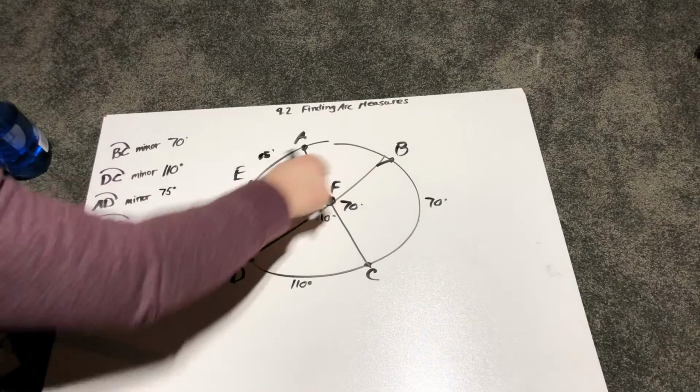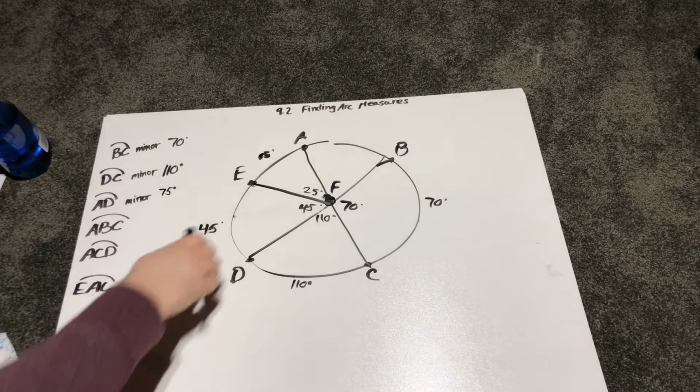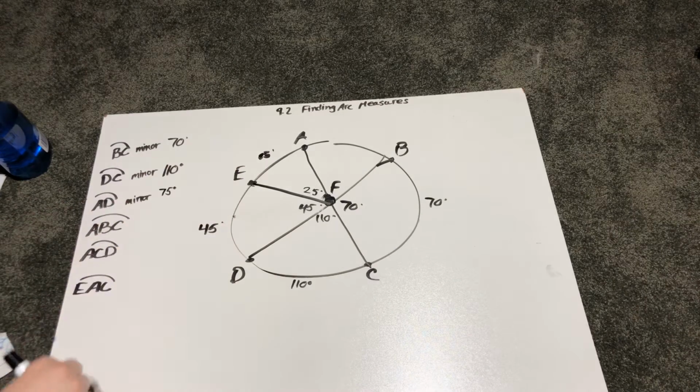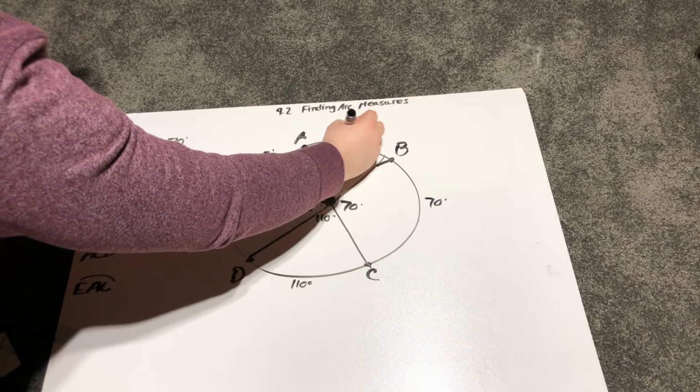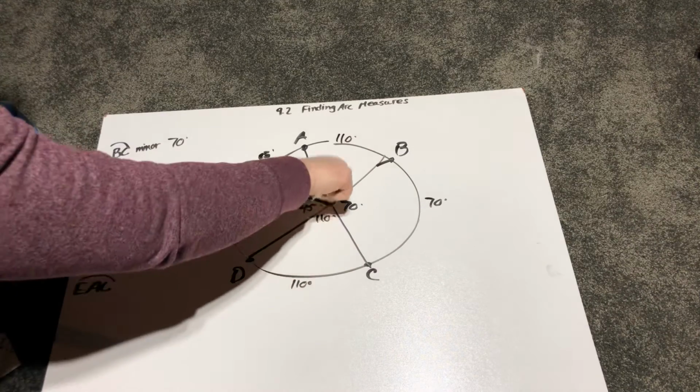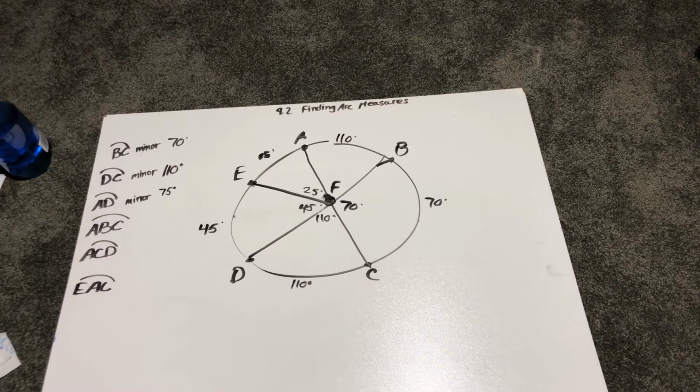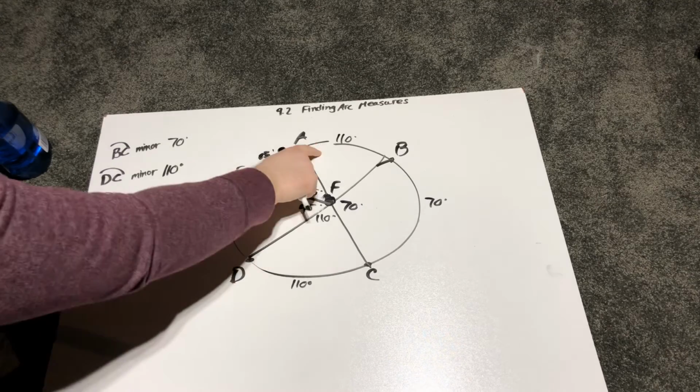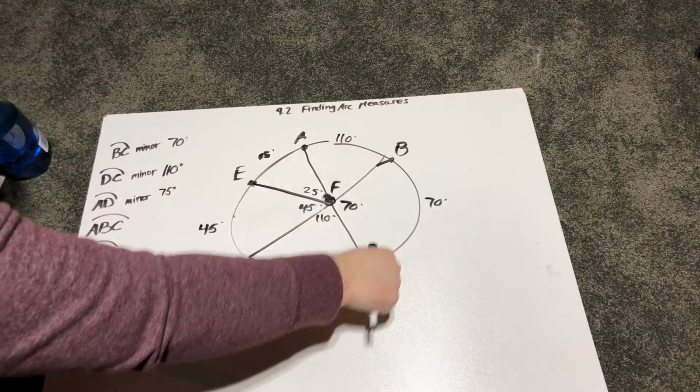And we also have a semicircle right here. So if this is 45 and this is 25, this is also 110 degrees. Or we can just think, hey, we've got vertical angles, and we know that vertical angles have to be congruent to each other. So let's see, ABC, that's a semicircle.